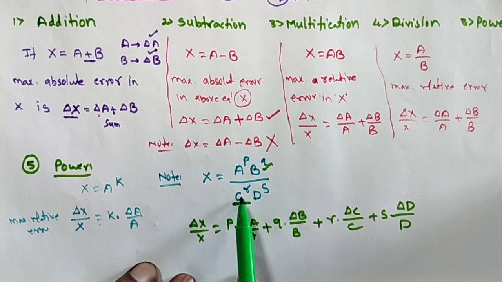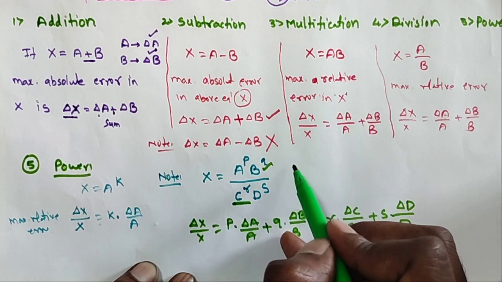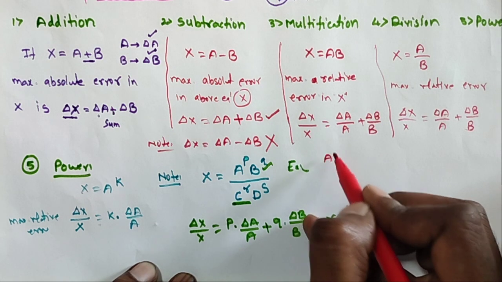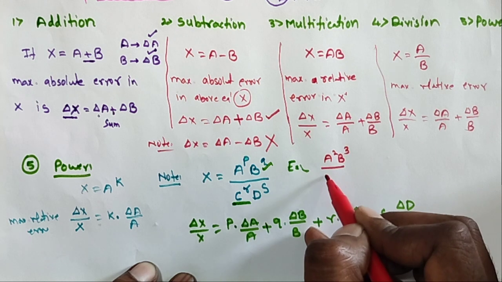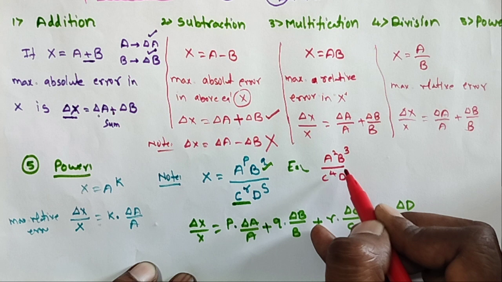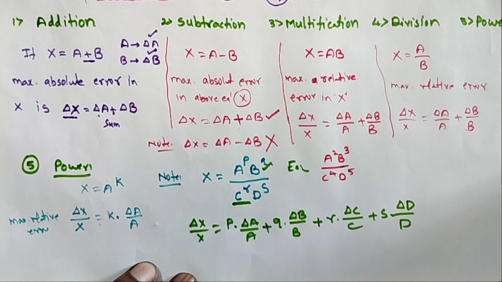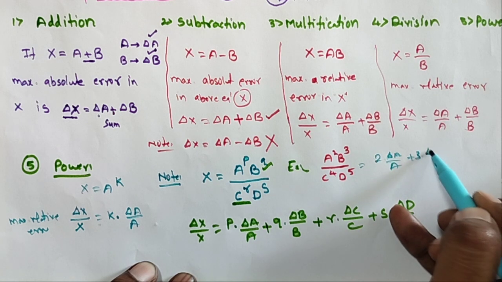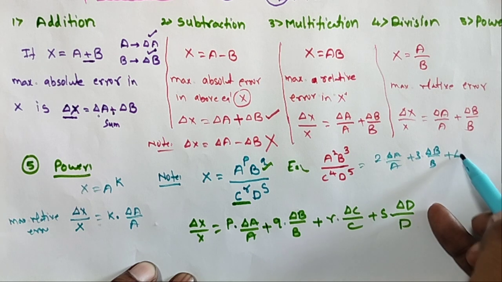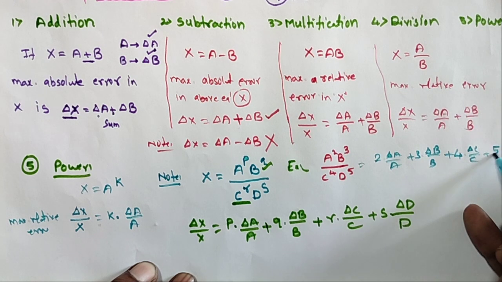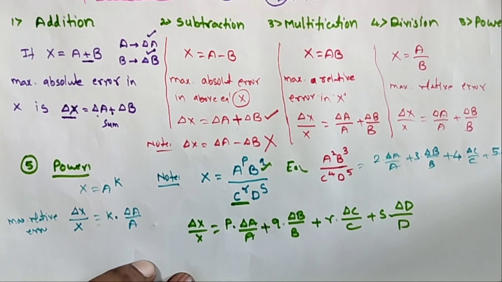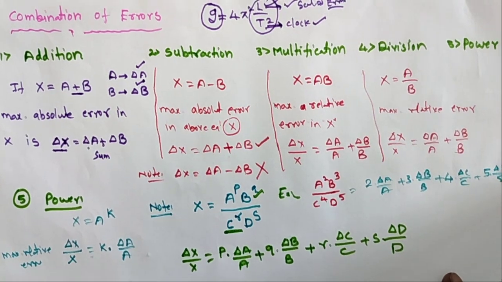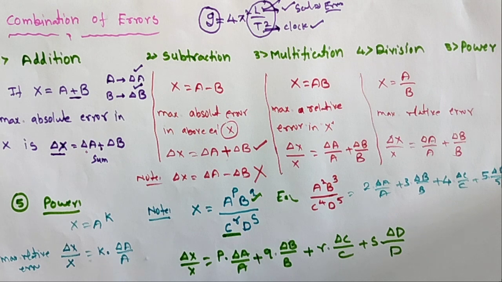But if C square, C cube, C power 4 is given, for example A square B cube C power 4 D power 5, you can calculate it very simply: 2 into delta A by A plus 3 into delta B by B plus 4 into delta C by C plus 5 into delta D by D. So this is especially important among the combination methods in errors.